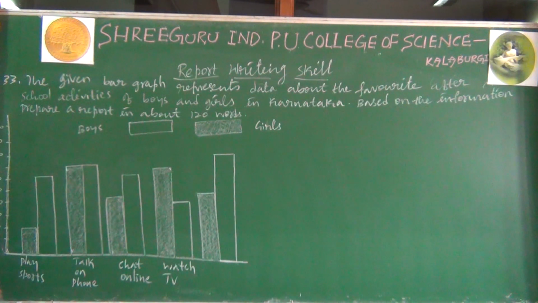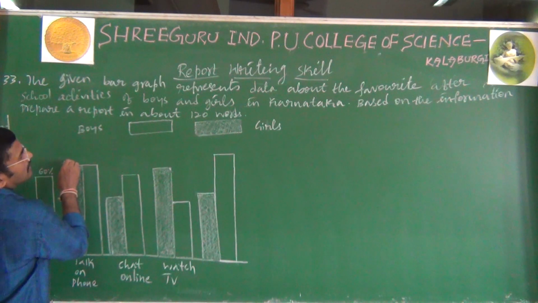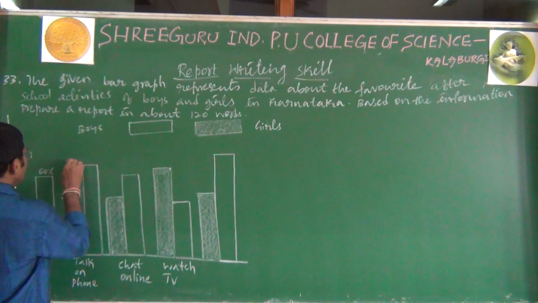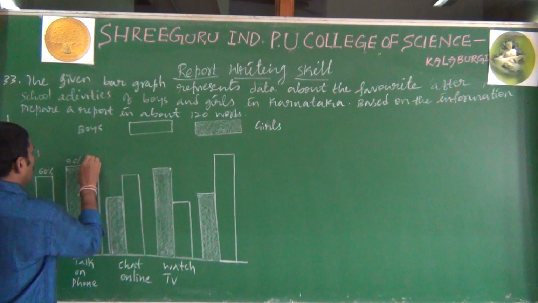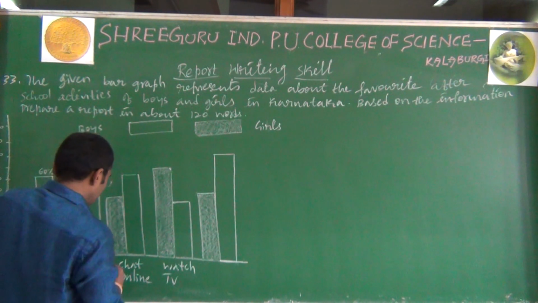Well, we'll have to know it is with the 20%. And play sports, right? Girls with 20%, boys with 60%, and talk on phone, girls with 70%, and boys also with the same, 70%.